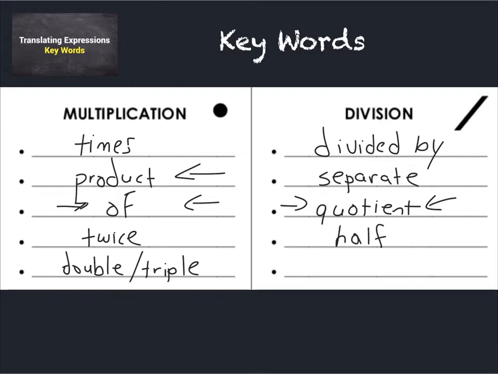So half would mean divided by 2, or you could also think of it as multiplying it by 1/2. Same thing. Same with third or fourth or whatever. Any fraction really. It's going to mean multiplying or dividing it by the denominator, or you could just think of it as multiplying it by that fraction. So these would be some of your division keywords that I want you to jot down on your notes.